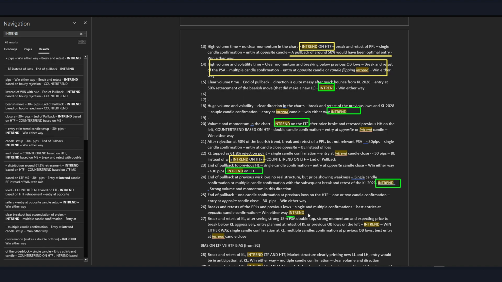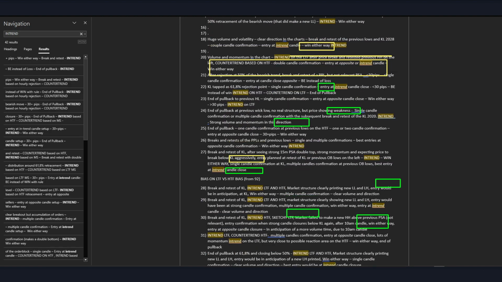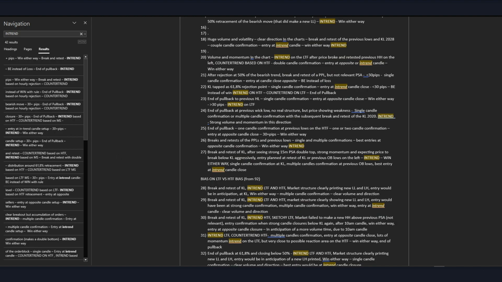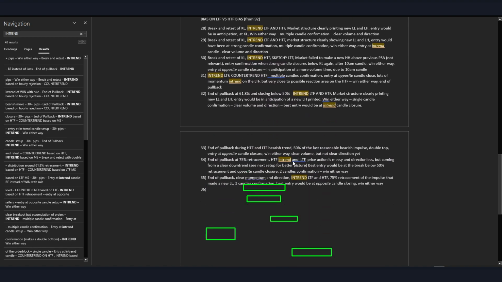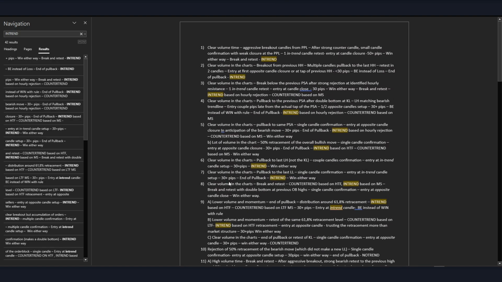In trend, and the last ones: in trend lower time frame and high time frame, in trend lower time frame, in trend lower time frame. So the last ones were mainly in trend lower time frame. I'll pause for a second and count them so that we have a number.